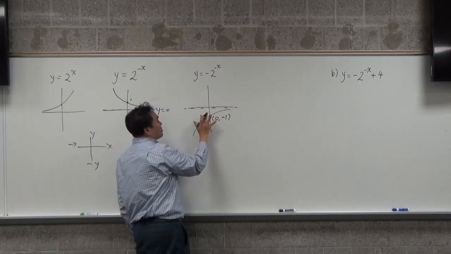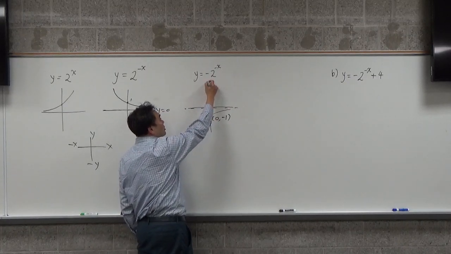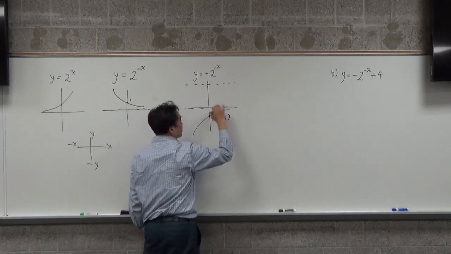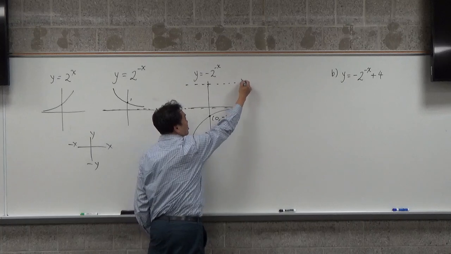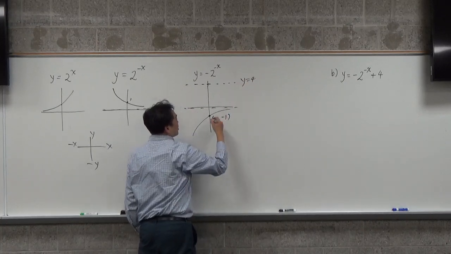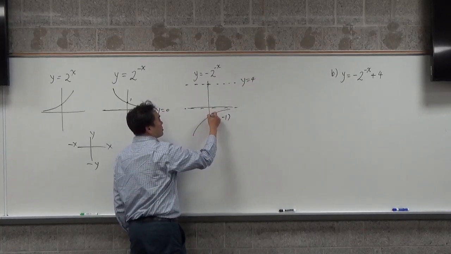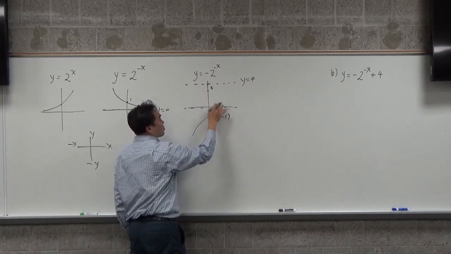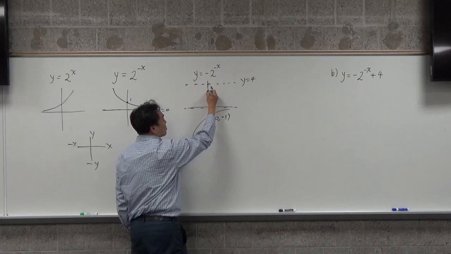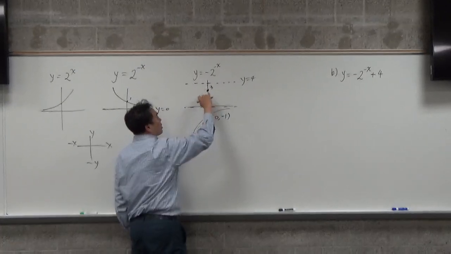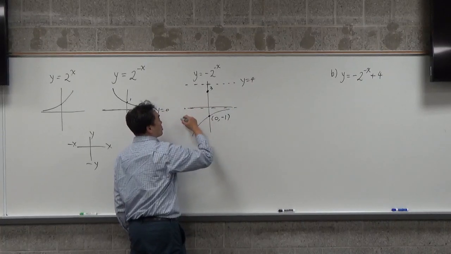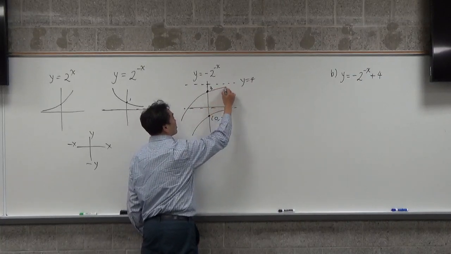Then if I take this entire thing and move it up, the new horizontal asymptote is y equals 4, because this went up by 4. The new y-intercept is 3, because negative 1 plus 4 is positive 3. So this graph is going to move up, passing through this point, still having this as the asymptote. The graph should look like this.